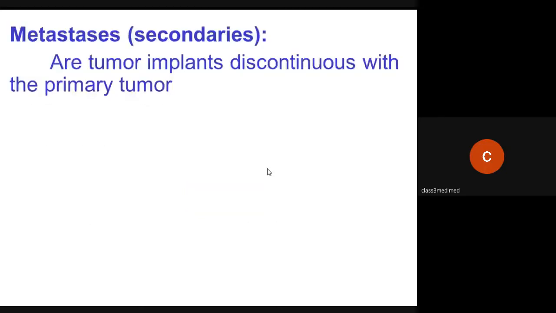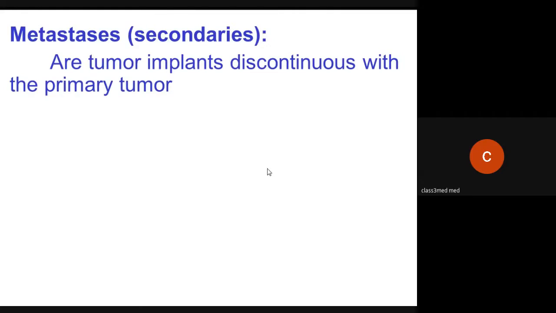And the metastatic tumor or metastases or secondaries should be discontinuous with the primary tumor. Discontinuous means there is no continuity between the primary tumor and the secondary tumor.